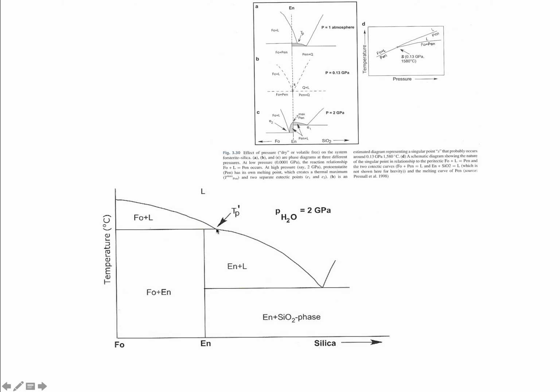Then we have our peritectic point, that is a temperature condition at the peritectic point. Here we are going down, we have our eutectic point. So here we have our more silica saturated rocks, and here we have forming our silica undersaturated rocks.